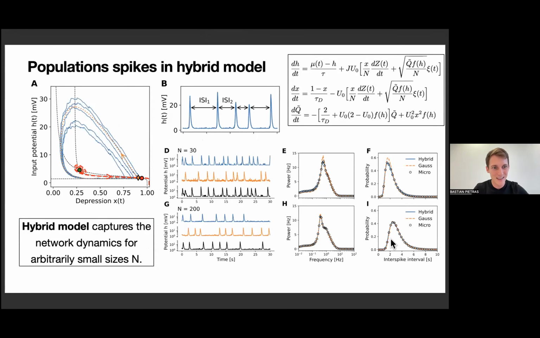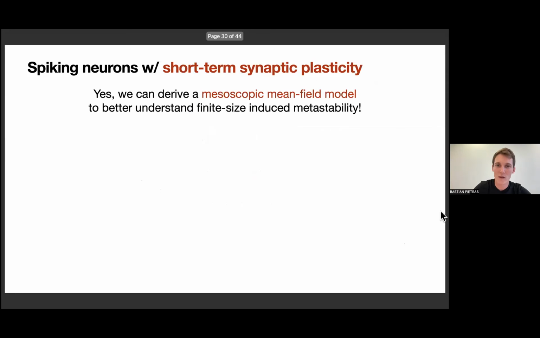The result is that this hybrid model really captures network dynamics for arbitrarily small network sizes. So even here for n equals 30, we have a perfect fit, where before the diffusion model wasn't as strong. So as an intermediate summary, yes, we can derive a mesoscopic mean field model for spiking neurons with short-term synaptic plasticity.